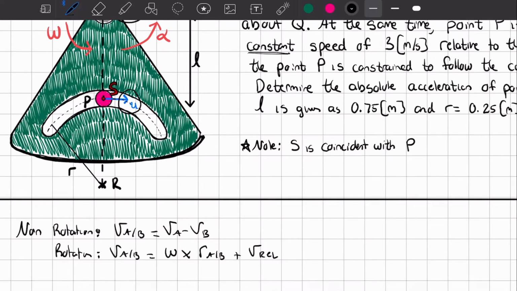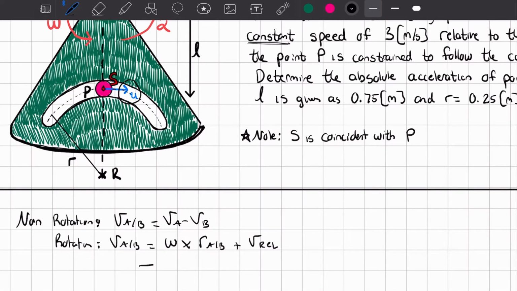Okay, so you can see where the differences arise. And then if you just wanted to, you could just write that the velocity of A is going to be the velocity of B plus this term here.